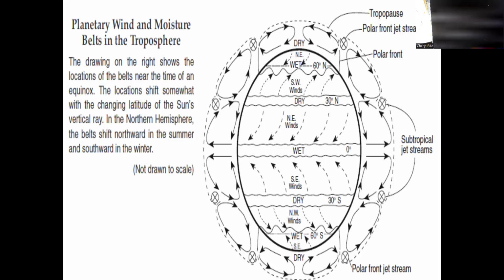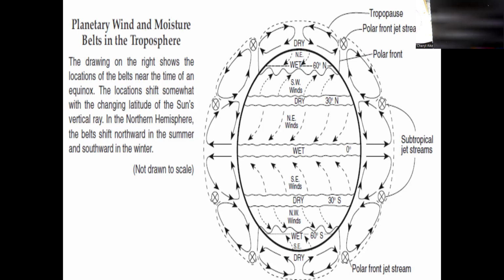This is a map of the globe. This map only shows us latitude. So we can see the equator is 30. No, sorry, the equator is 0 degrees. They label 30 north, 60 north, 90 north, and they label those same ones going south.